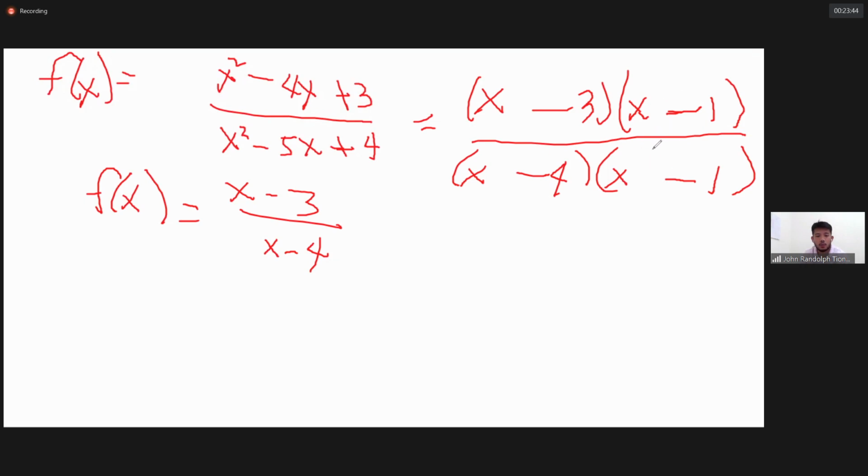Bakit at x equals 1? Kasi tingnan mo, pareho siya, na-cancel out natin, di ba? So yung hole natin, malalaman natin yung about sa hole, guys, pag nag-graph na tayo. Okay? Doon natin yun makikita. So x equals 1 there. So therefore, our vertical asymptote is just simply equal to x equals 4.